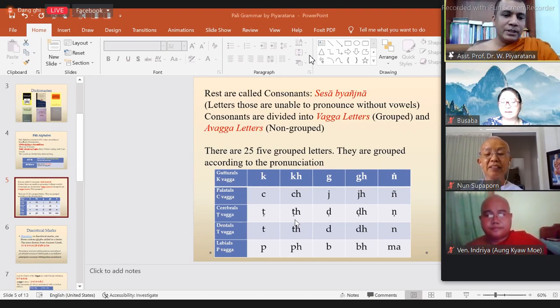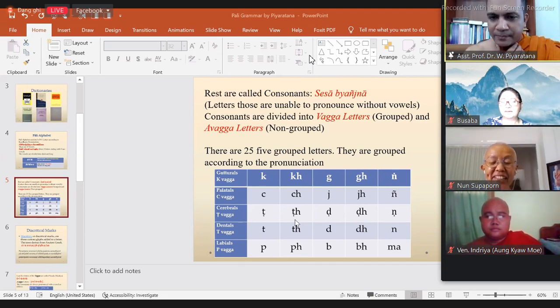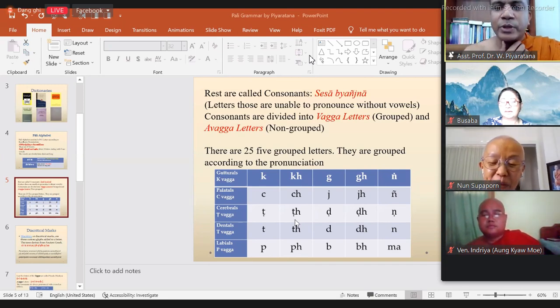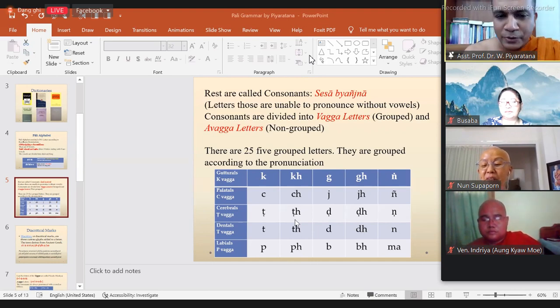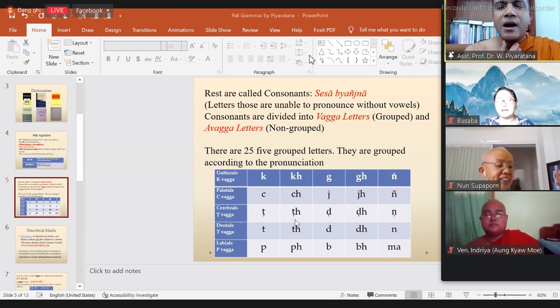These are called cerebrals. Ta, tha, da, dha, na. In Pali we call muddhaja. Muddhaja means that when you pronounce these five letters, your tongue touches the upper part of your mouth. Therefore it is called cerebrals.